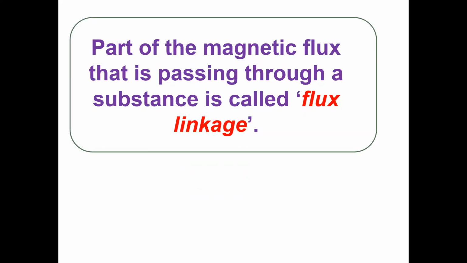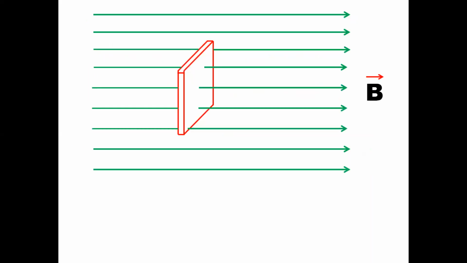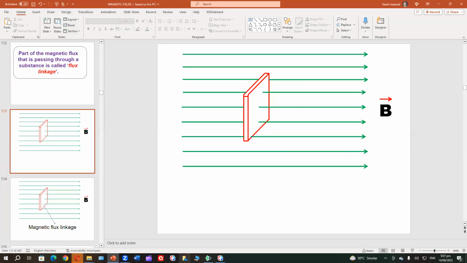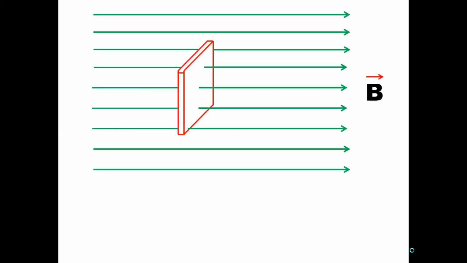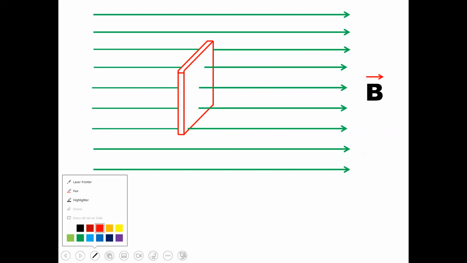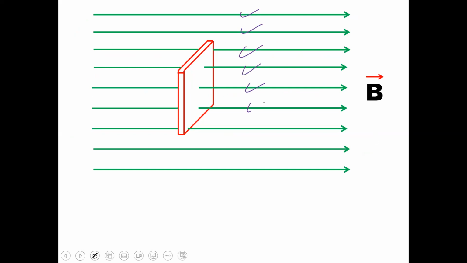Now, this is the concept which I was telling you, the concept of flux linkage. Flux linkage is the part of the flux which is passing through the material. So if you count all the lines like this, this is flux.